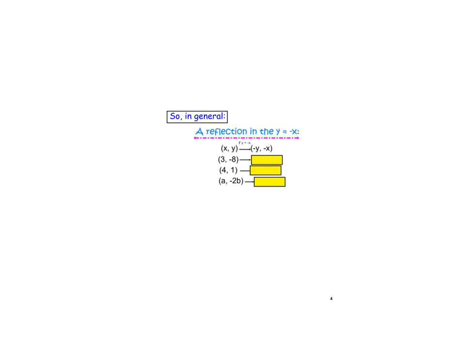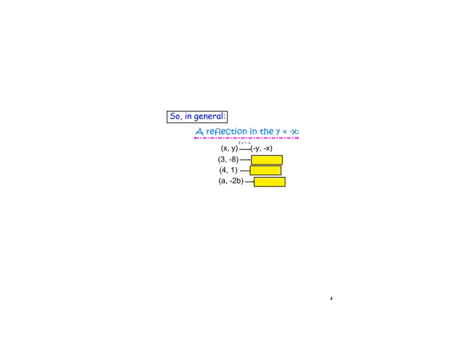Okay, so here's the rule. Anytime you reflect in the line y equals negative x, they switch and negate. So our x and y switch spots and become the opposite sign.